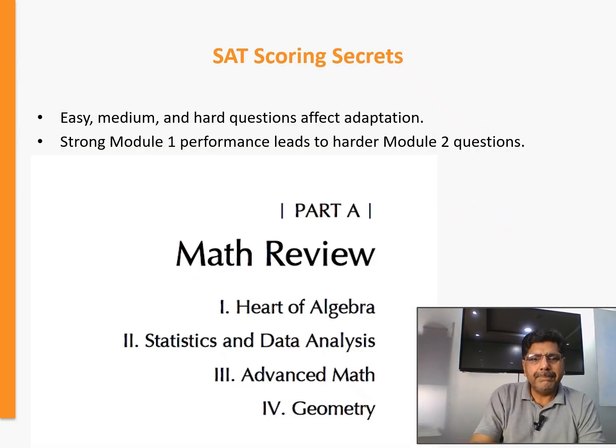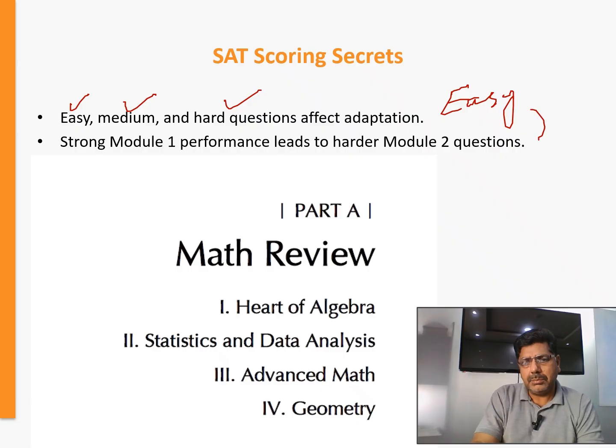Next, the SAT scoring secrets: it goes from easy to medium to hard questions. So what does it do? It affects your adaptation; you need to adapt to that. Start with the easy one and then select the medium.